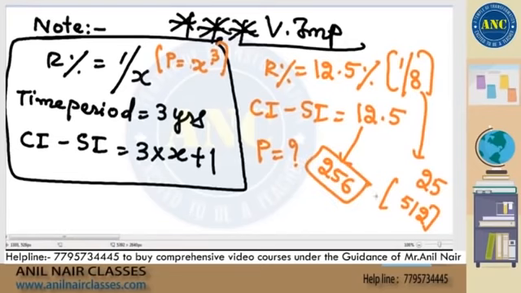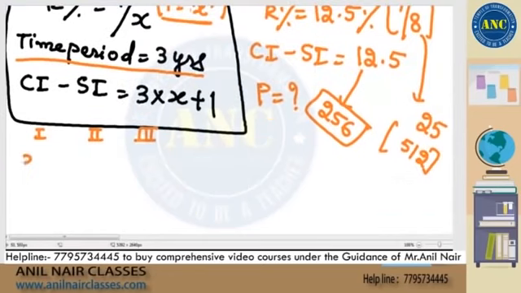I hope the logic is clear. If R percentage is 1 by X and the time period is 3 years, where the principal is X cube. Sir, how did you get it? First year, second year, third year. You know that I will discuss the proof for everything.